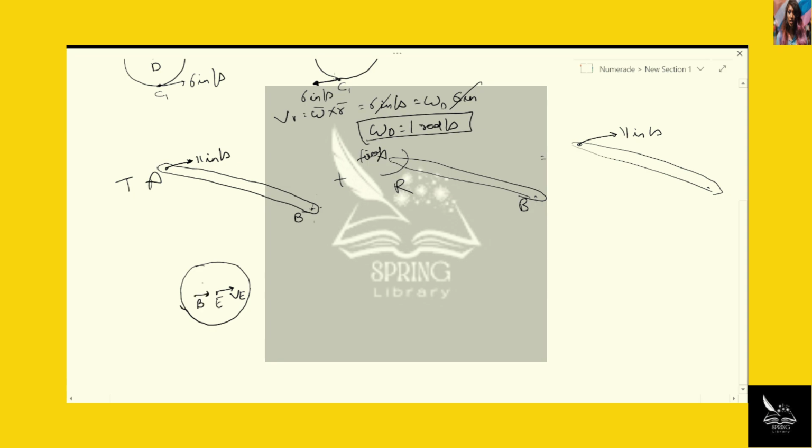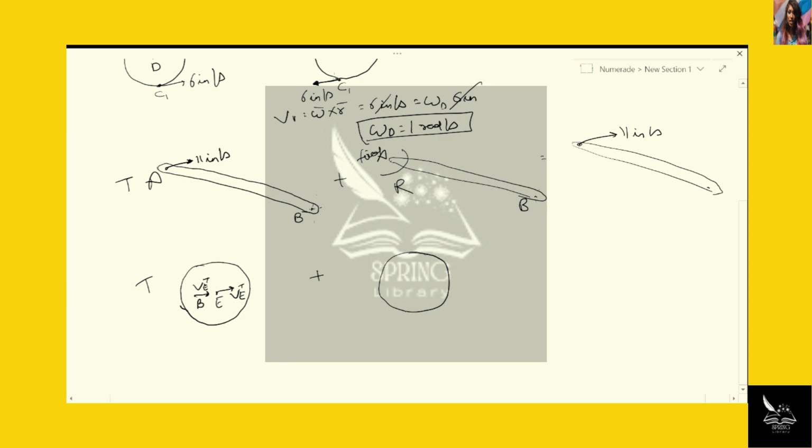Translational velocity by definition is going to be same for all the points, so let's not call it VE, but VT of E, which is V translational at point E. This is going to be same for all the points, and then plus there will be some rotational velocity.